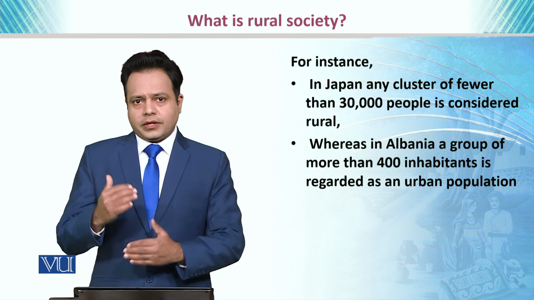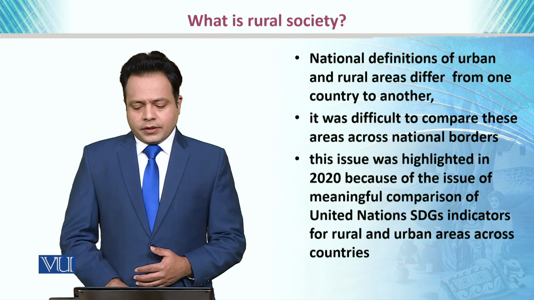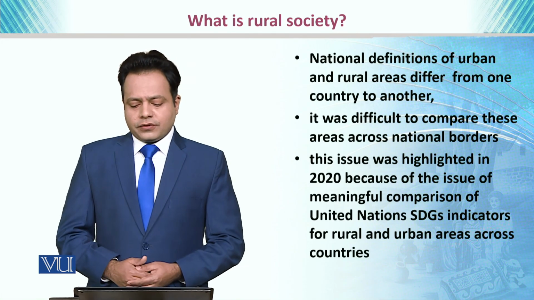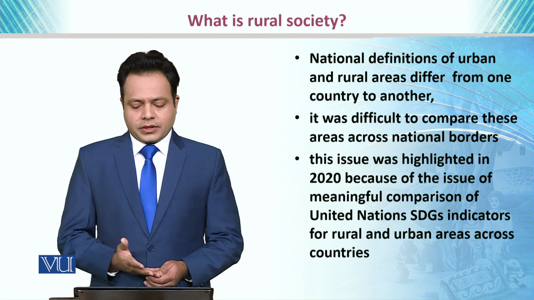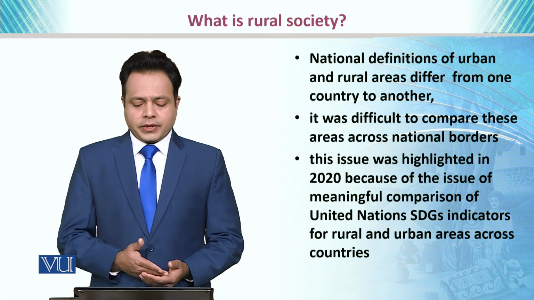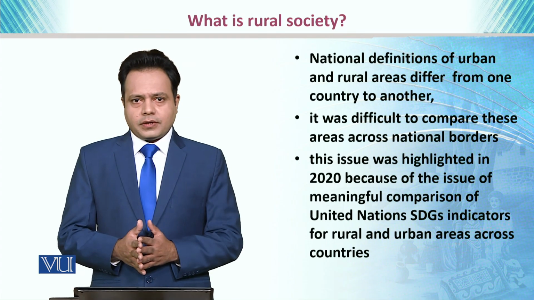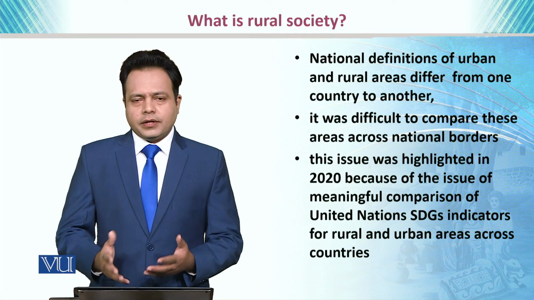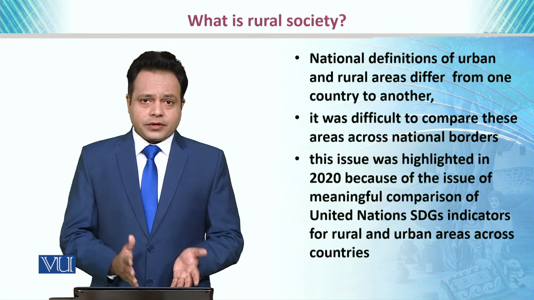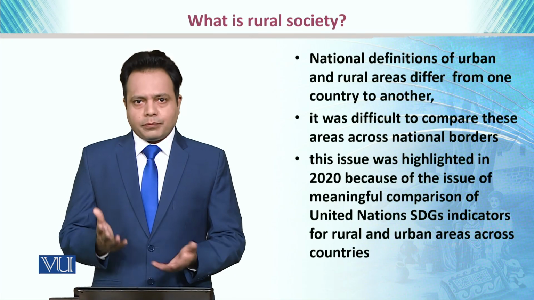So you see, it's a huge disparity between these criteria. National definitions of urban and rural areas differ from one country to another. It is difficult to compare these across the national borders, which becomes problematic when we try to compare different societies across countries and we try to define them from a very developmental perspective.